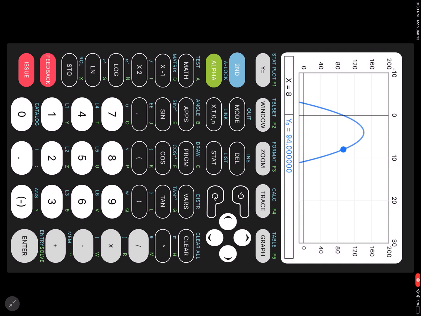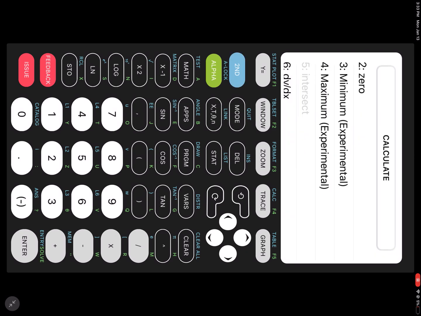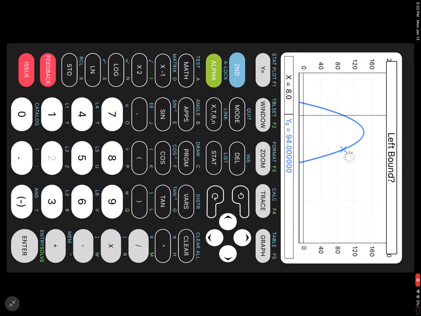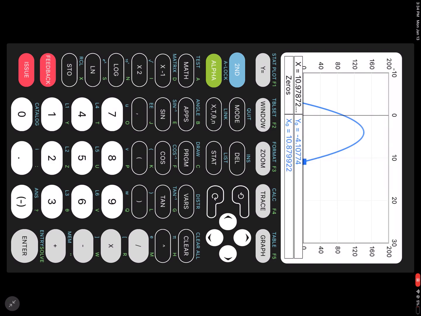Next it says, at about what time will the arrow land on the ground? So there we're talking about the x-intercept, so we go second trace. We'd want to find zeros, which is 2, enter 2. Okay, and then once it gets it, it will say left bound, right bound. So left bound, maybe here, right bound, maybe here.